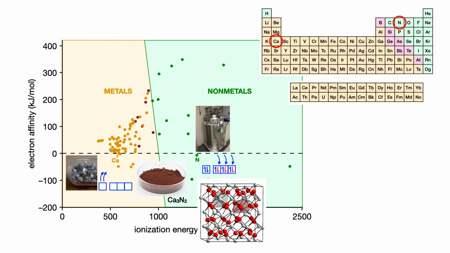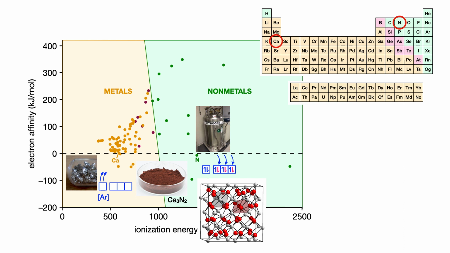And then another thing that we saw with the sodium chloride that we're also seeing here with the calcium nitride is that if you think about the electron configuration of the calcium atoms, they've lost their valence electrons, and that leaves them with their electronic core, which has a configuration like that of argon.